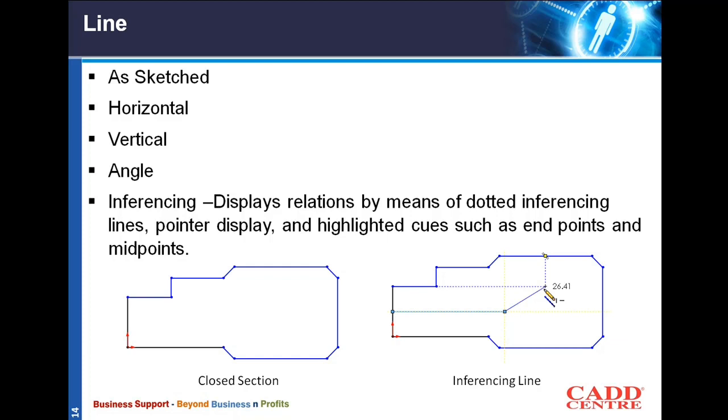Here you can create a line in the required direction, and you can create a horizontal line, vertical line, or an angular line. Apart from that, when you create a line you will get an inferencing line, which we call tracking. In AutoCAD you call it tracking. The same you can get in SolidWorks. So it means that sketching is more user friendly and easier for creating any type of sketch, whether easy or complicated. Let's see how we can create a sketch using the line command.